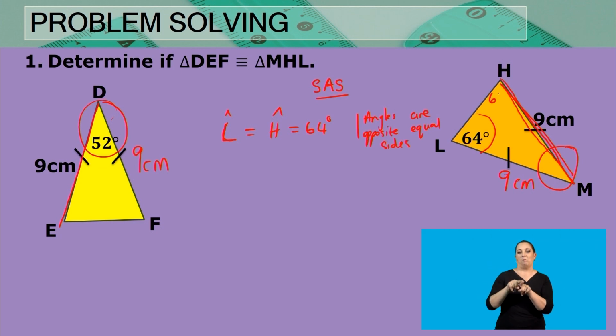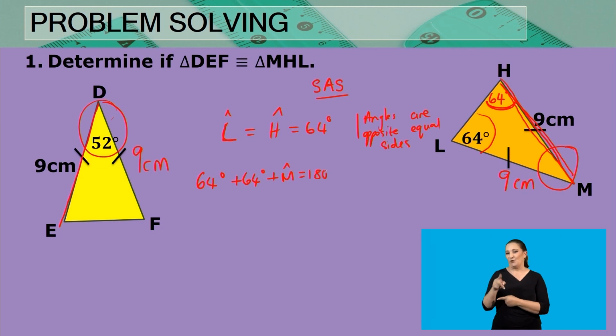So we have 64 in that angle H. And if we now use the interior angles of a triangle to calculate the third angle there, then we can simply say that the 64 degrees for angle H plus the 64 degrees for angle L plus angle M is going to give us 180 degrees. And our reason for this is that they are interior angles of a triangle.